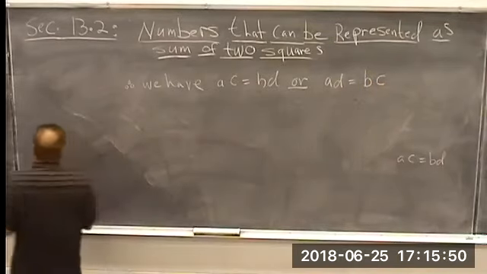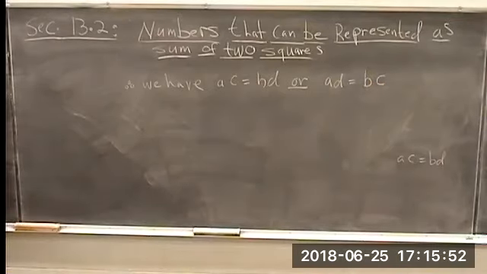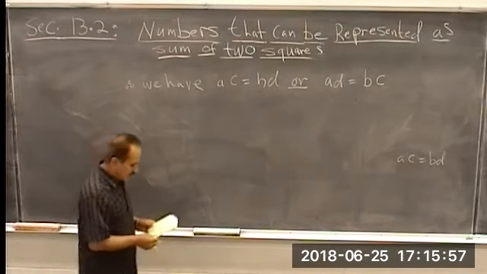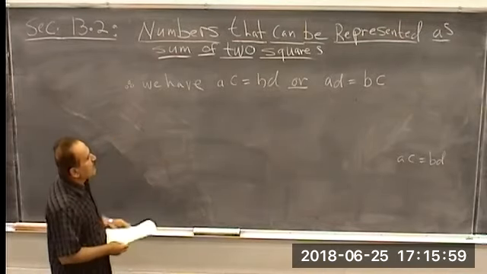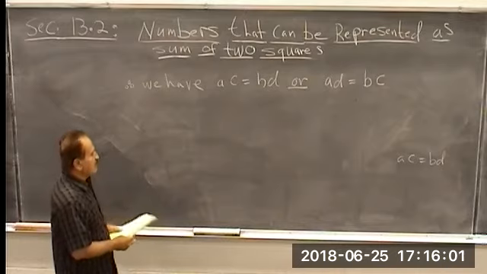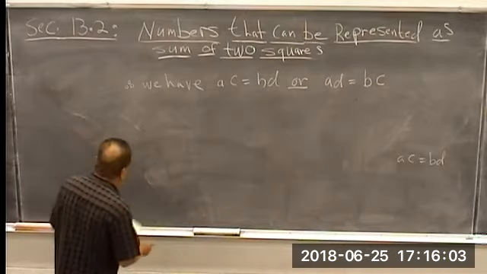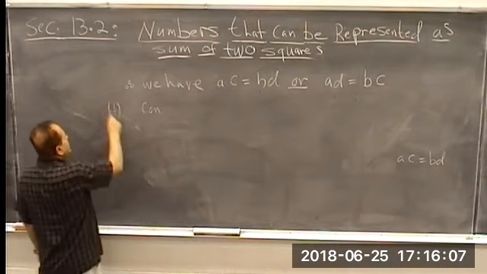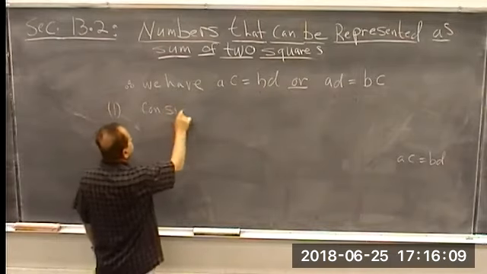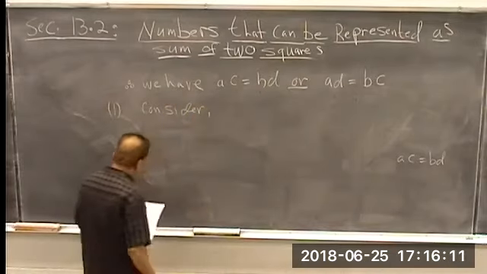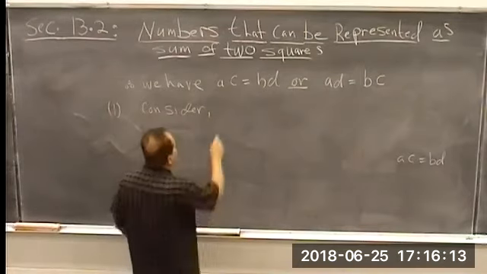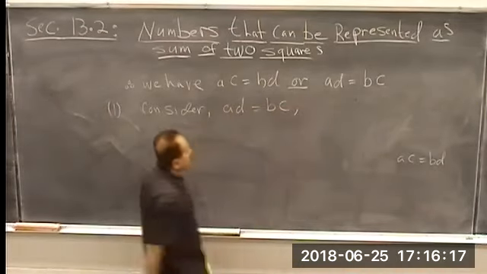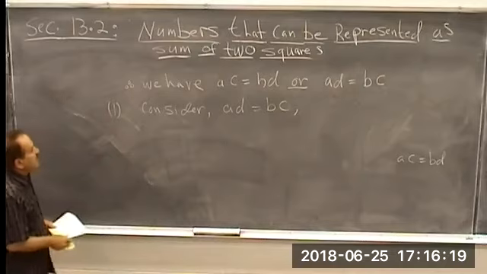So we're going to consider all these possibilities and determine that actually the two representations basically are the same. So let's consider this. First, we're going to consider that AD equal BC. This is the second equality in here.